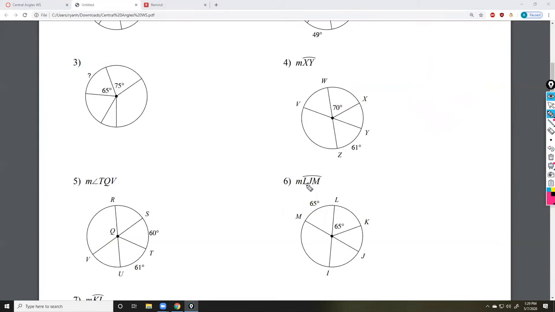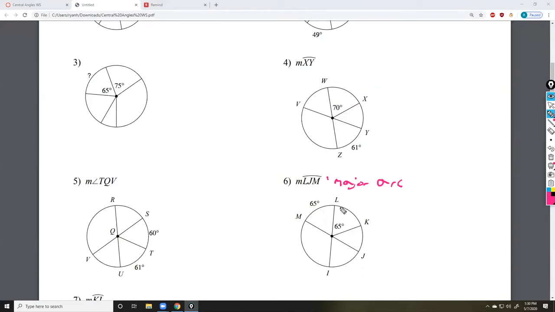So here's what I have. I have LJM, and I said this in the notes, but these 3 letters mean that I'm looking for a major arc. Major arc just means that it's the larger arc than what would normally be our go-to.